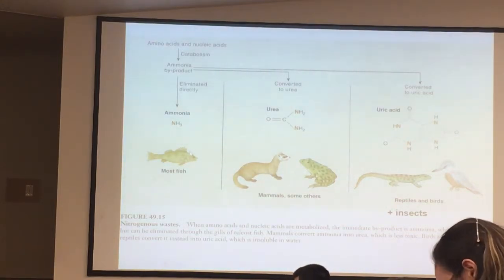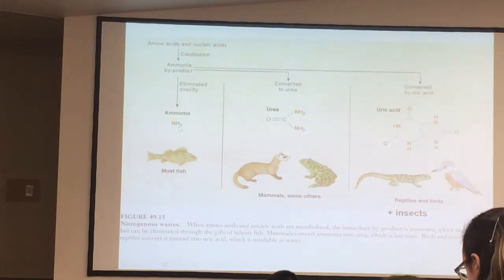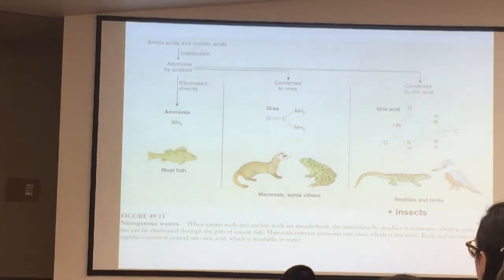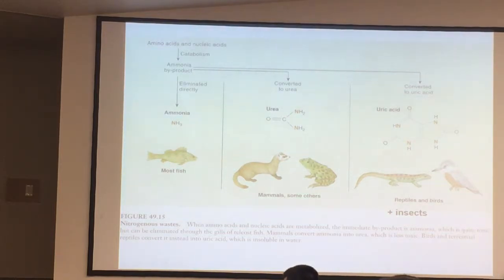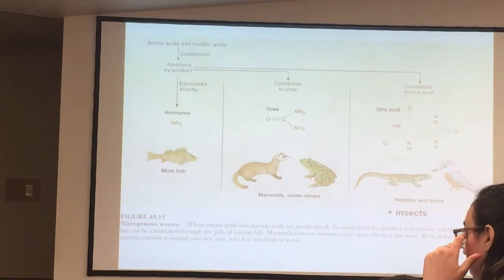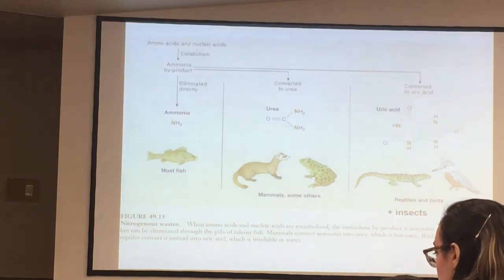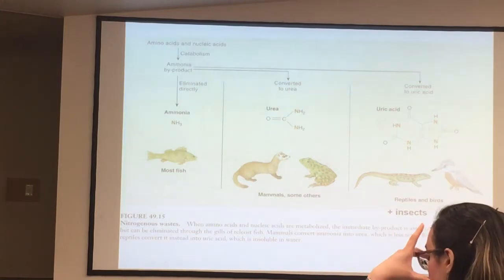For fish, ammonia, because it's so toxic, and it will be diluted by the surrounding water, so the fish never worry about that. In the animals on land, mammals, including humans, it is urea, less toxic. Amphibia and the mammals. And the other one is insects. Reptile, bird, and the insect is uric acid.